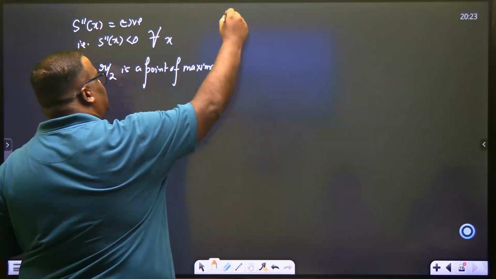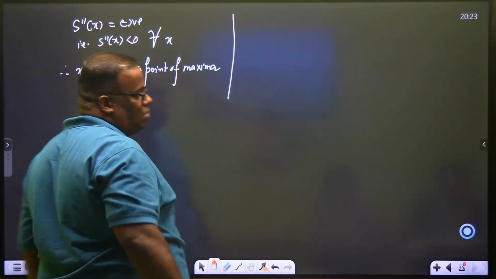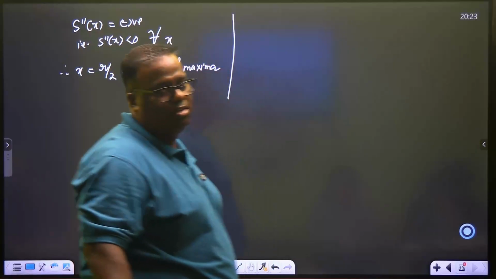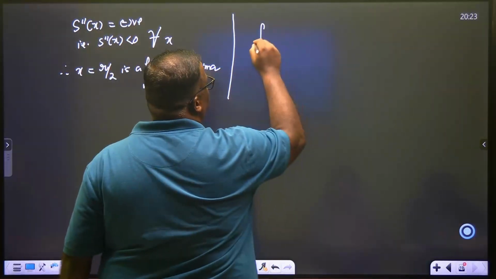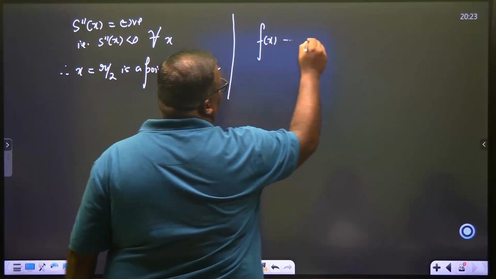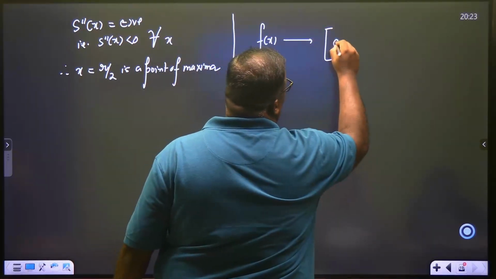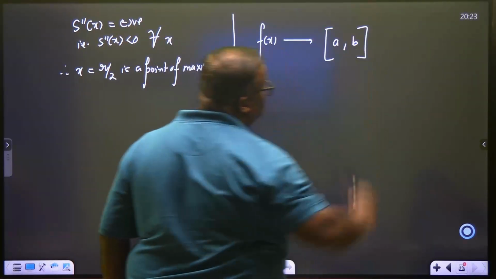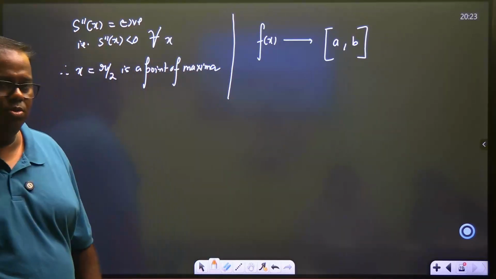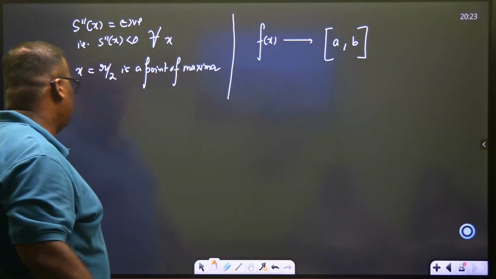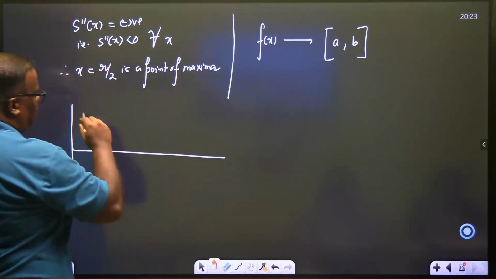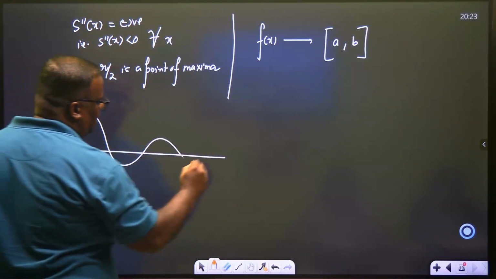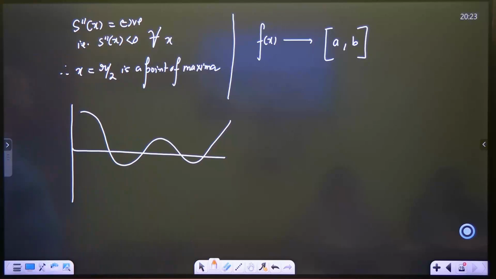Our next discussion is maximum or minimum in a closed interval. This is very easy. Suppose you have a function fx and the function fx is evaluated on a closed interval AB. Have you understood? Let's say you have a function like this.